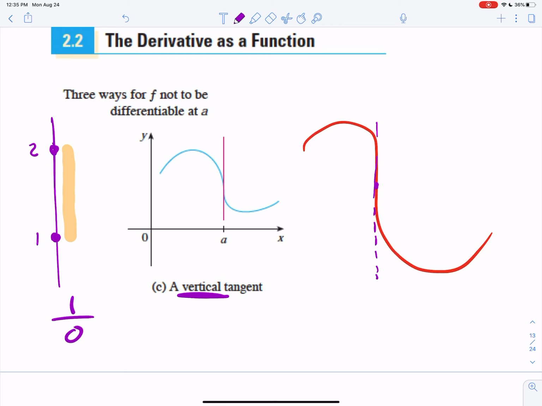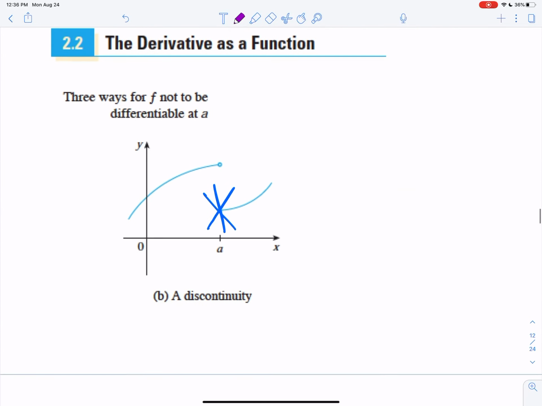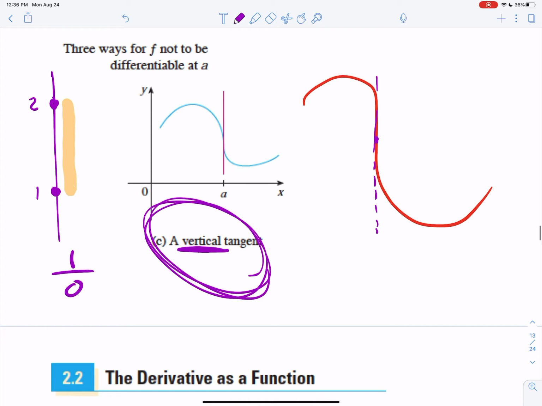Remember, you can't divide by 0, so the slope is undefined, which is the reason why you can't have a vertical tangent, because there's no value to it, okay? So those are the different ways: corner, cusp, discontinuity, and a vertical tangent.